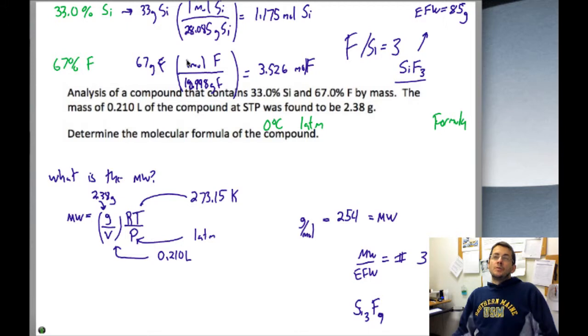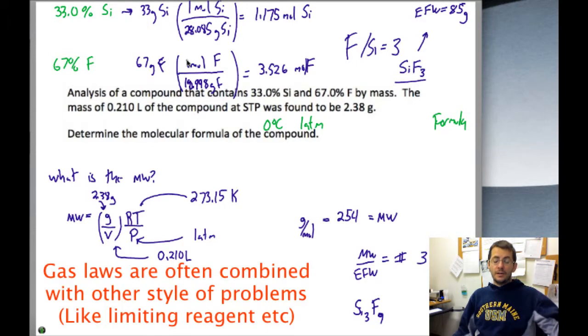So what we're going to start to see is that often these problems have components from other aspects of chemistry: solutions, stoichiometry, elemental analysis. But the trick with most of these is moles.